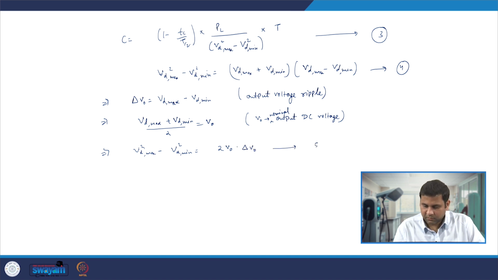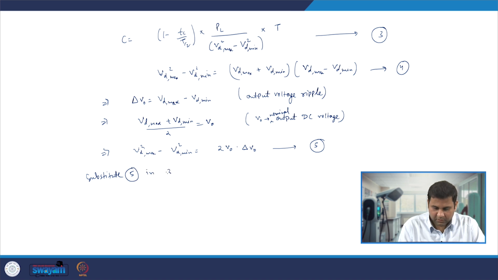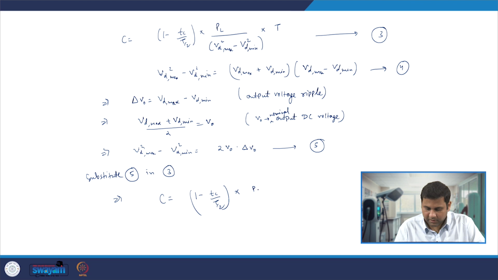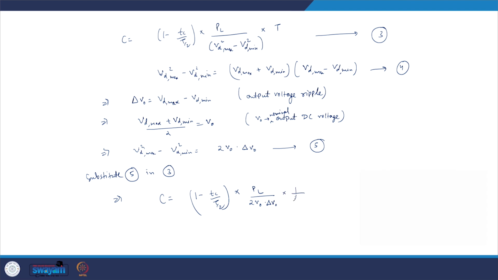Let us define this 5 and substitute 5 in 3. We will get C nothing but 1 by Tc by T by 2 multiplied by PL divided by 2 V naught delta V naught, and T we can define as 1 by Fs.